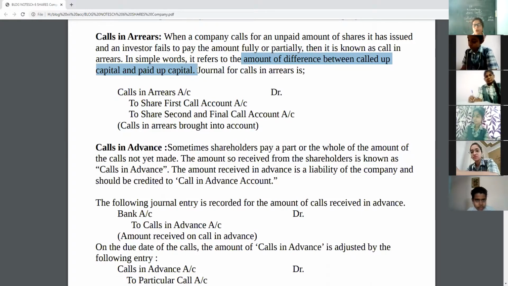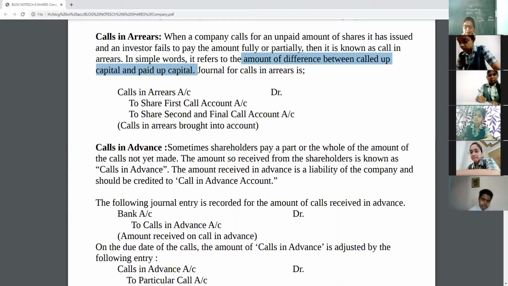Now I am going to give you one question. Please note down so that you will be able to know about calls in arrears. Yes, please note down. Note down one question.